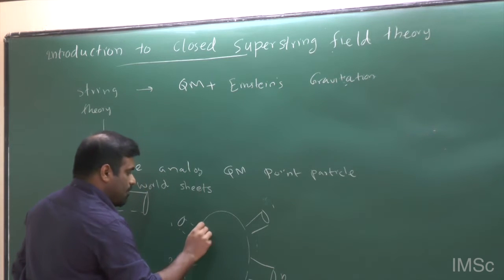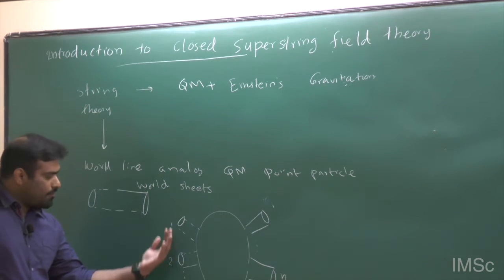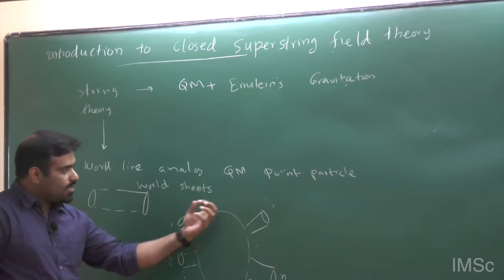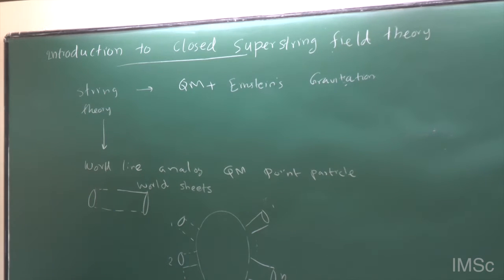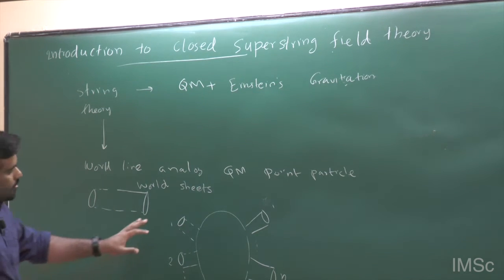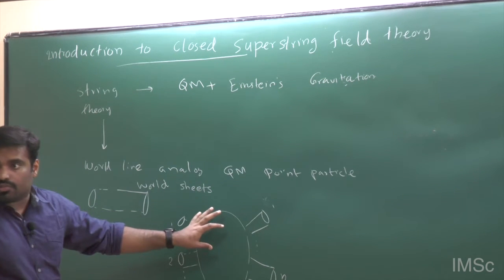And you want to know what is happening here. So you know the external states. You have n1 number of string states, they somehow interact and then provide you n2 number of out states. And in quantum mechanics or in quantum field theory, you come up with a prescription that gives you the amplitude for this process.